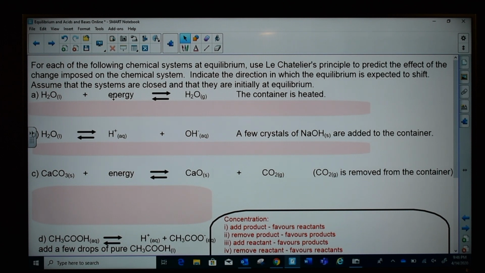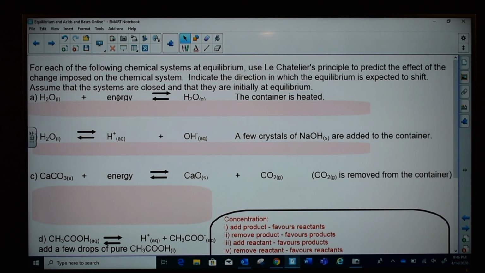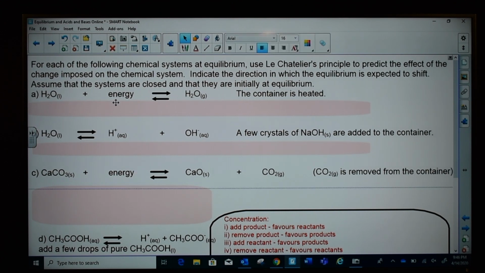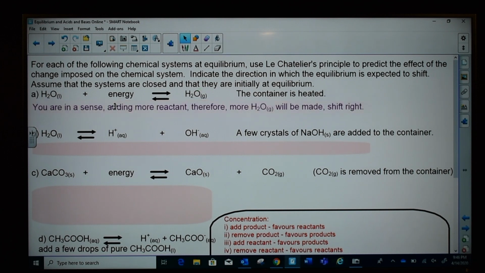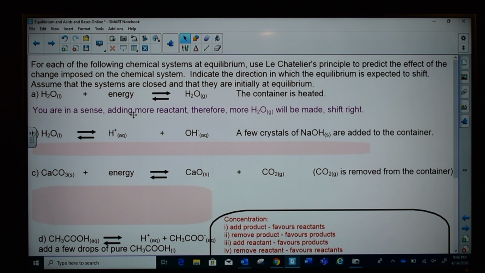So adding more reactant is going to make the system want to get rid of it, to go back to its normal state. So if you add more reactant, the system is going to want to shift right to use it up. So you are in a sense adding more reactant, therefore more water vapor is going to be made. It's going to be shifting to the right.